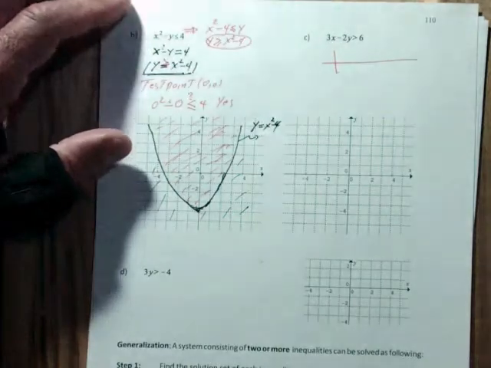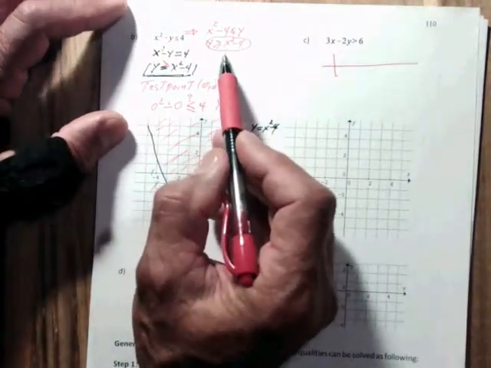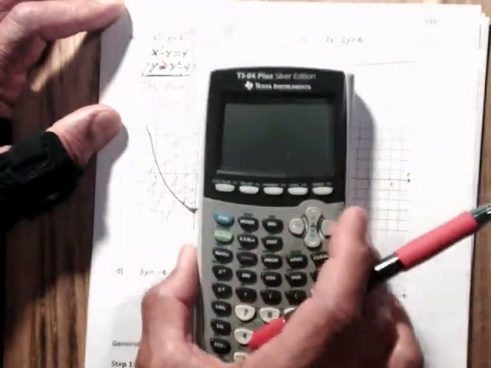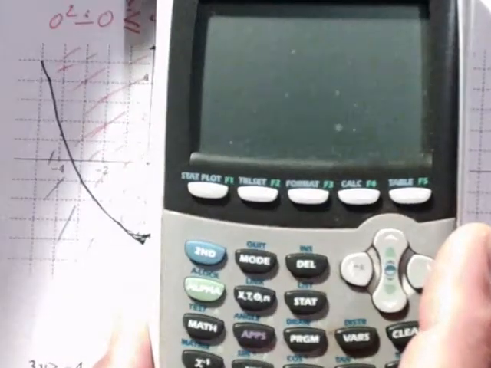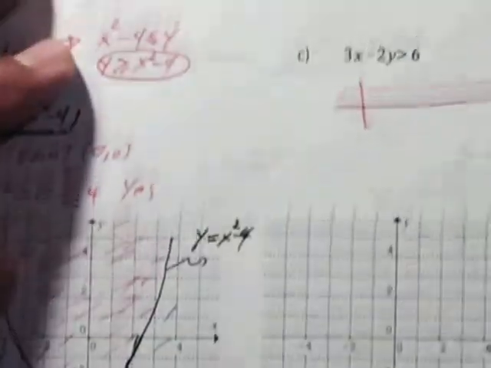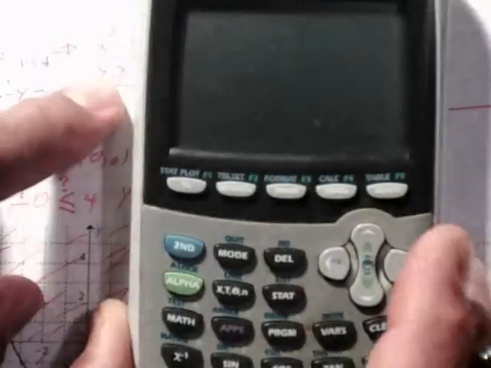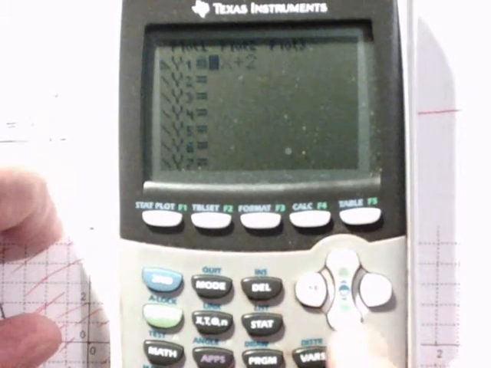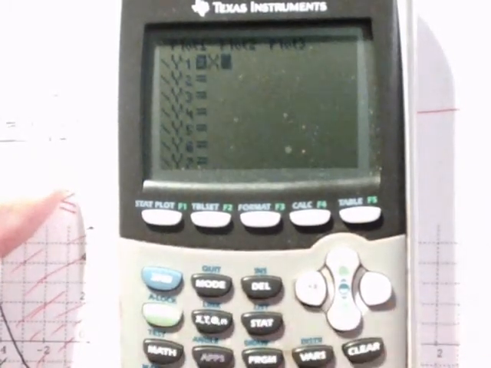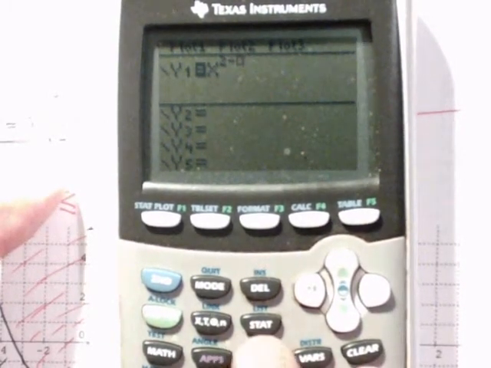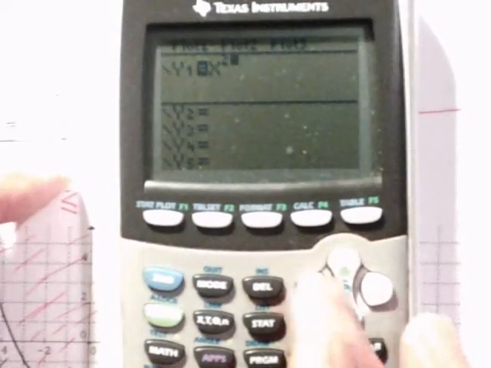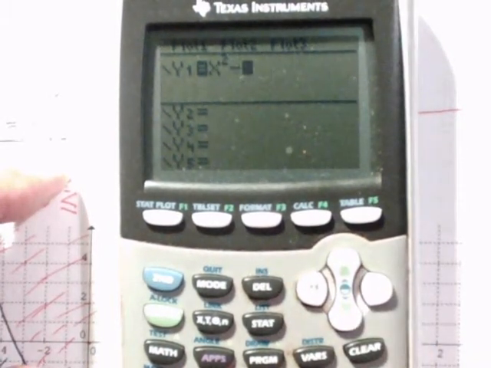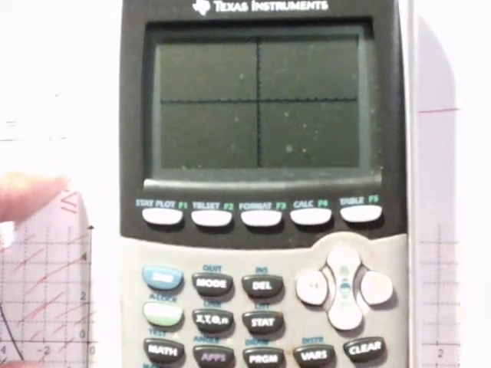So I just solved the inequality, then I go to my calculator and enter x power 2 minus 4. Say graph.